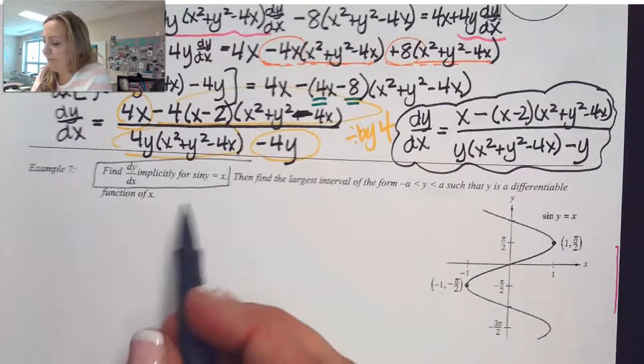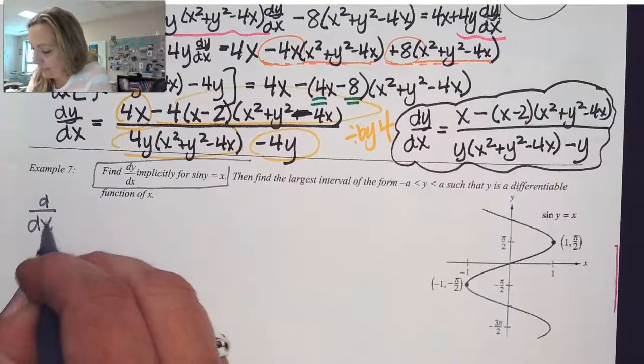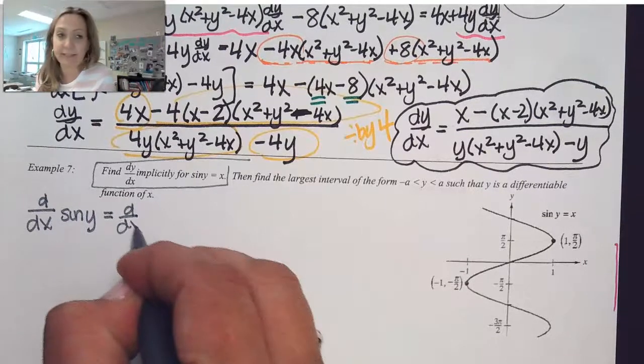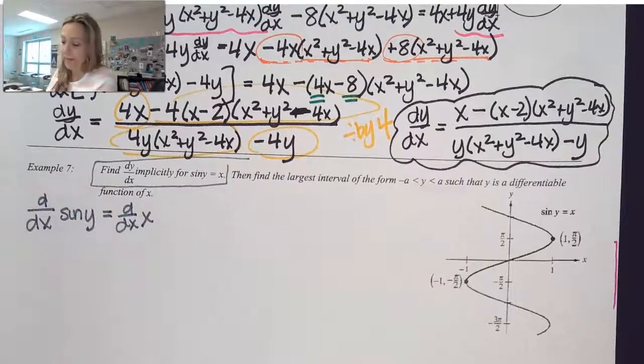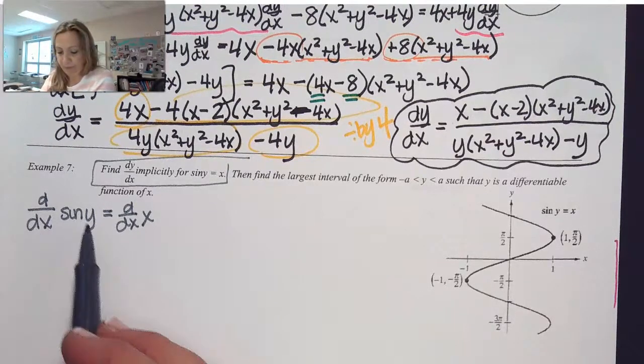So of course we're going to find the derivative, just to remind you guys, with respect to x of sine of y, and the derivative with respect to x of x. Essentially we're going to take the derivative with respect to y.